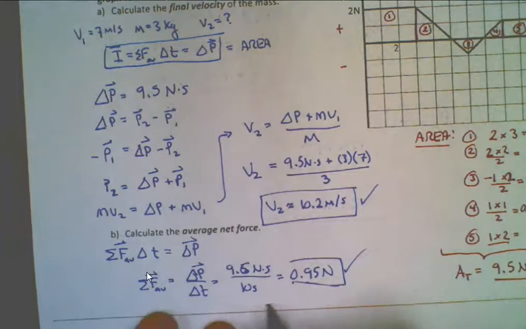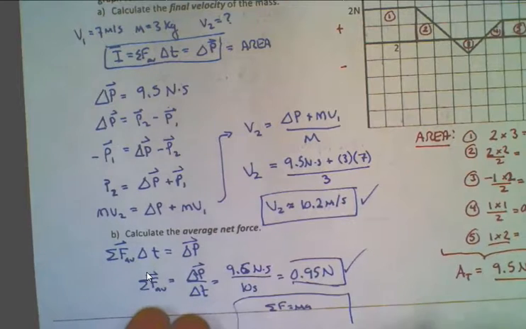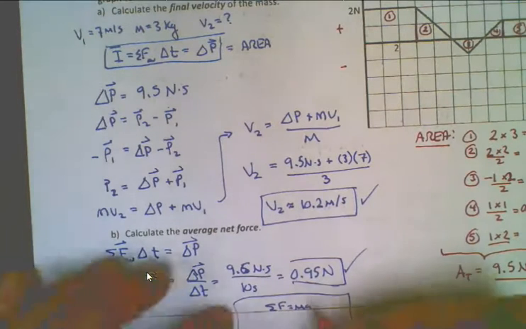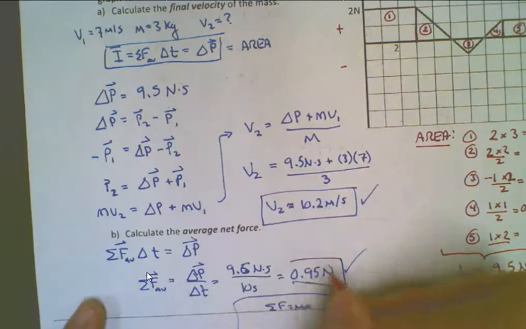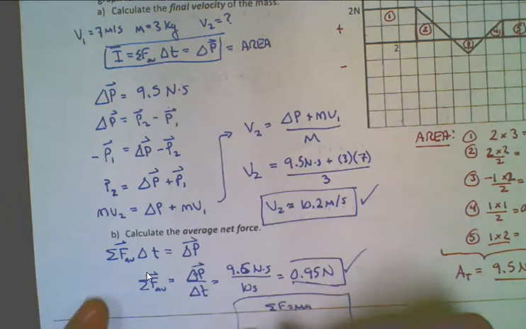So now what's interesting is that this is your average net force. Well, sigma F equals ma, right? And if we know that the mass is 3, and the average net force is 0.95, and we divide it by the mass, we could actually determine the acceleration. So we could take the 0.95 divided by 3 and get the acceleration.